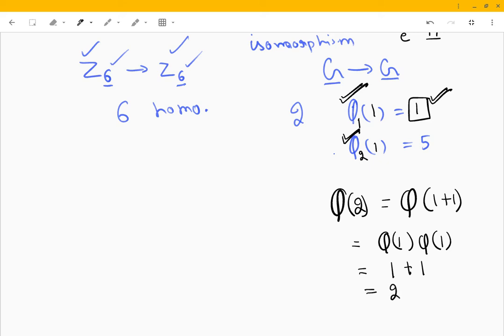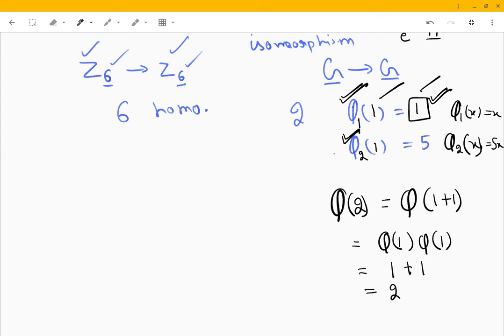So this is 2. This is the identity map, right? So phi1 is sending x to x and phi2 is sending x to 5x.